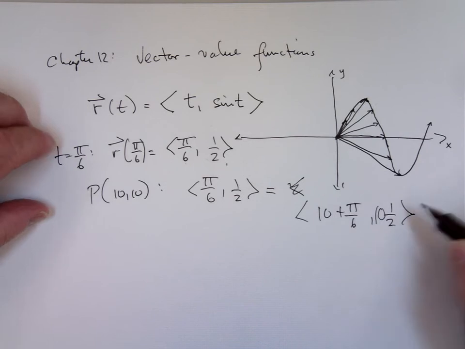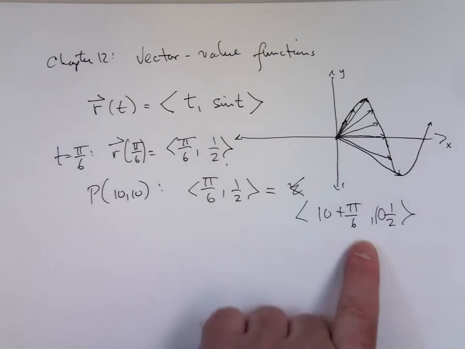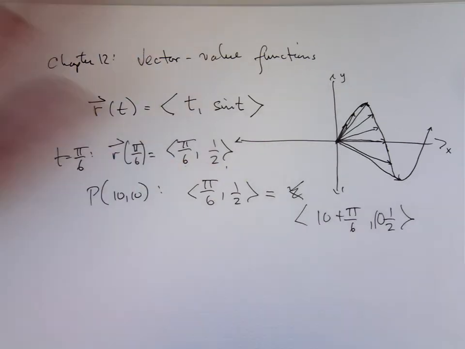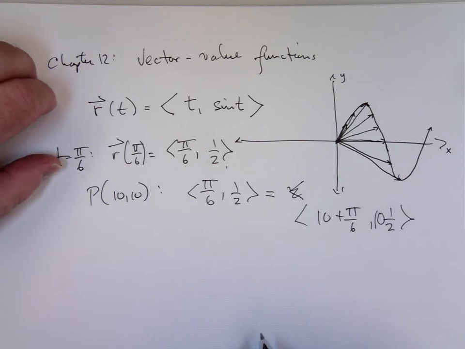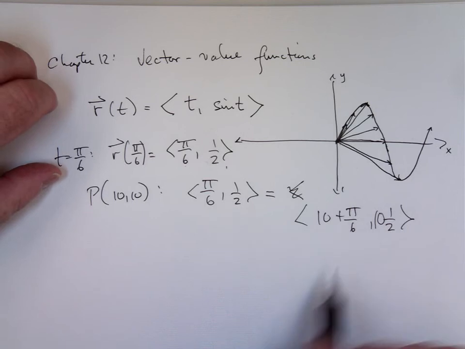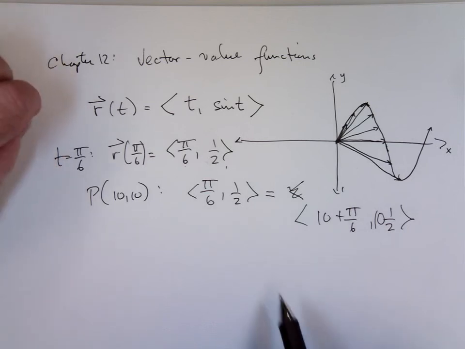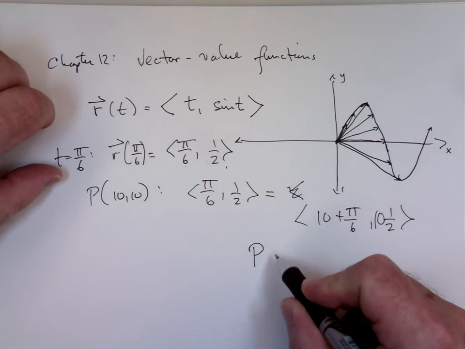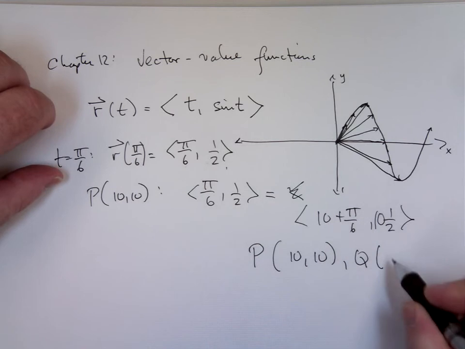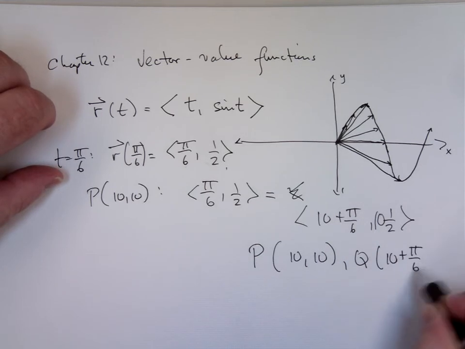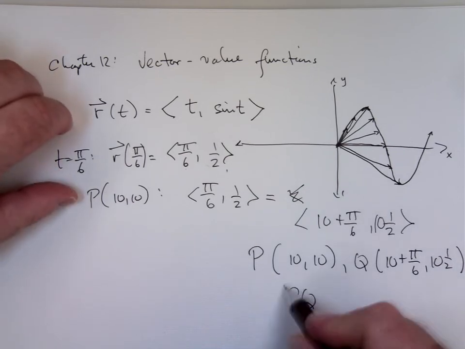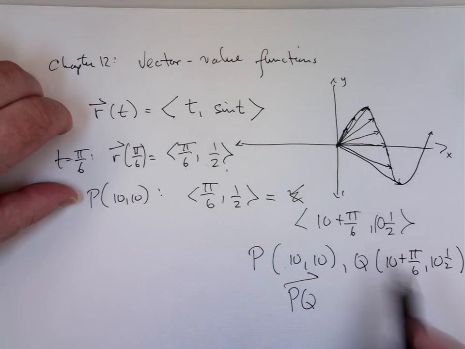And that would start it, this vector, hold on, this vector is not correct. If you want to start it somewhere else, you'd give it a point P, would be the point 10, 10, and Q would be this point right here. Okay, so it would be the vector PQ, given this point and this point. This is not the correct vector, okay?